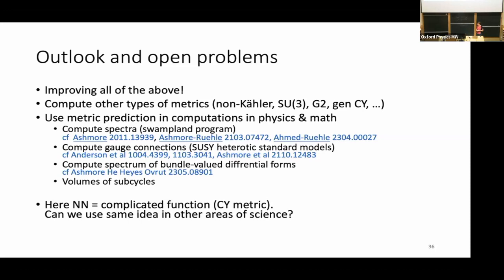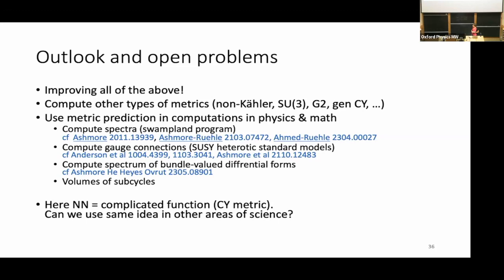But with that said, the packages that are available are very nicely written, so it's a very good starting point for continued work. Then generalizing this beyond the Calabi-Yau setting, using the metric prediction in physics or mathematics.